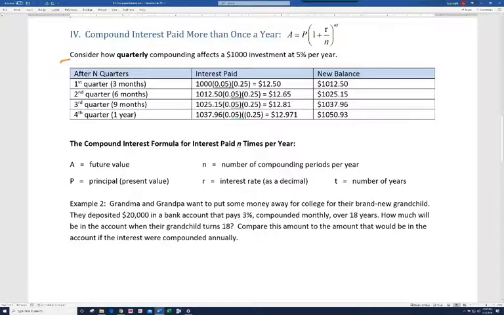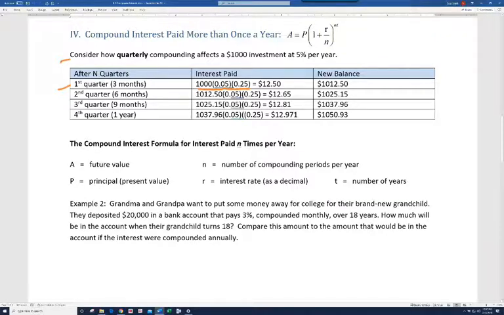So if you look at the first line here, in the first quarter, or after 3 months, the interest paid is going to be 1,000 times 0.05, that's our interest rate, times the time. Well, since it's a fourth of a year, the time is only 0.25, which is 1/4.